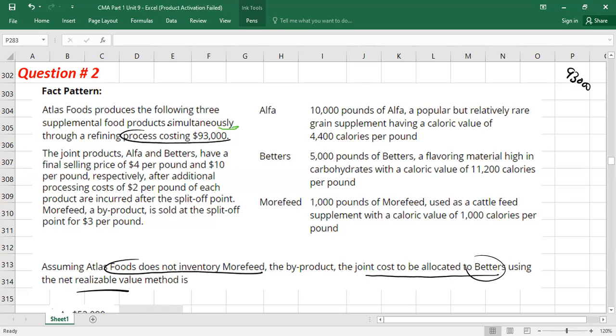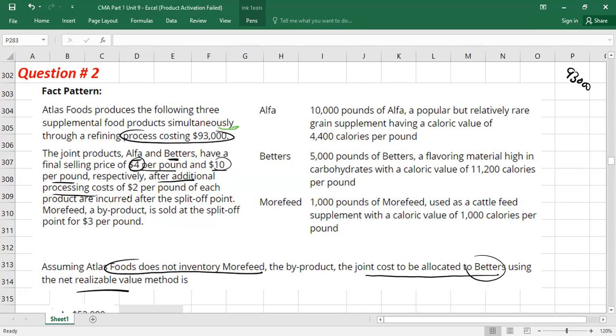This is common cost, 93,000. The joint products alpha and beta have a final selling price of 4 per pound and 10 per pound respectively. 4 is for alpha and 10 is for beta.